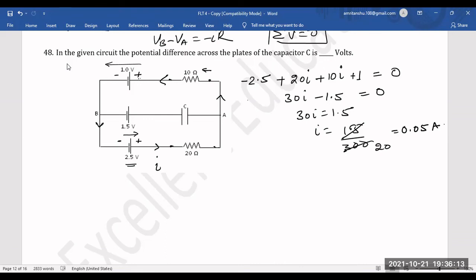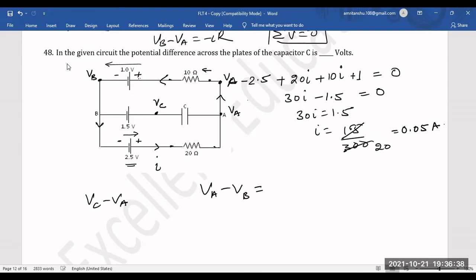Yes. So if I take this point as B, this point as C, and this point as A, we need to calculate VC minus VA or VA minus VC, whatever is convenient to us. So first VA minus VB.